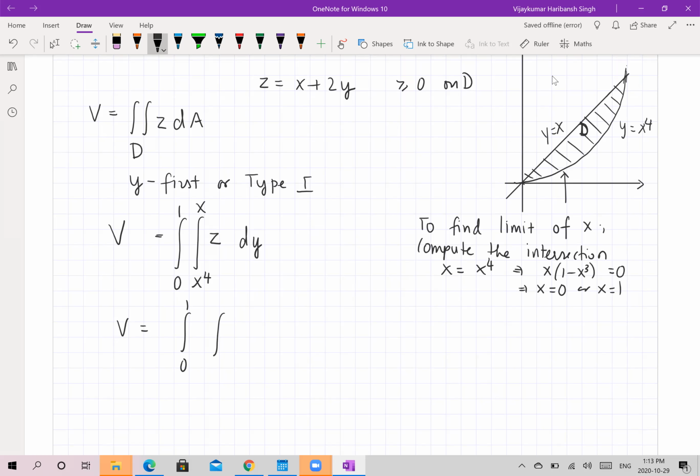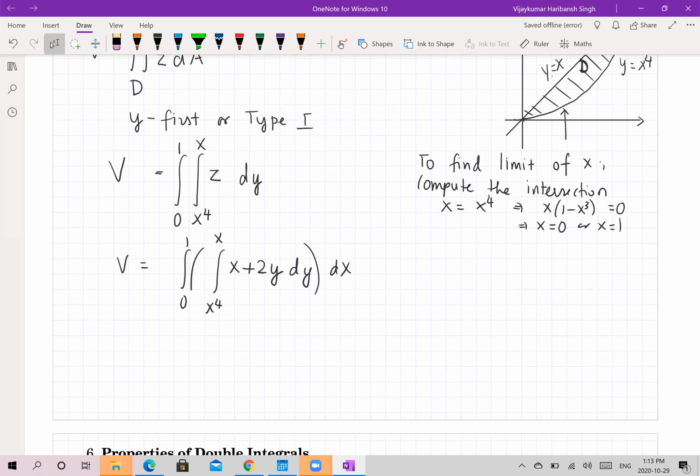Now it's time to write back what your z is. So z is x plus 2y, with limits x to the 4 and x. We have y first and then x. Now when you compute this, we have 0 to 1.